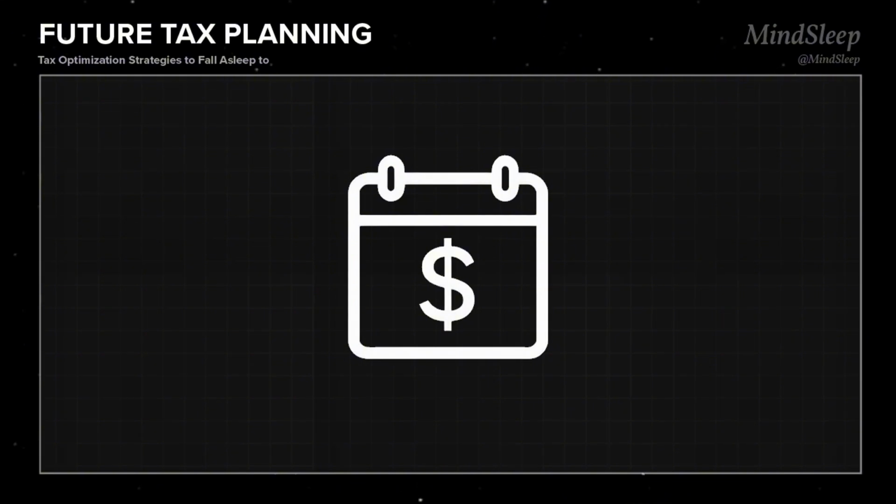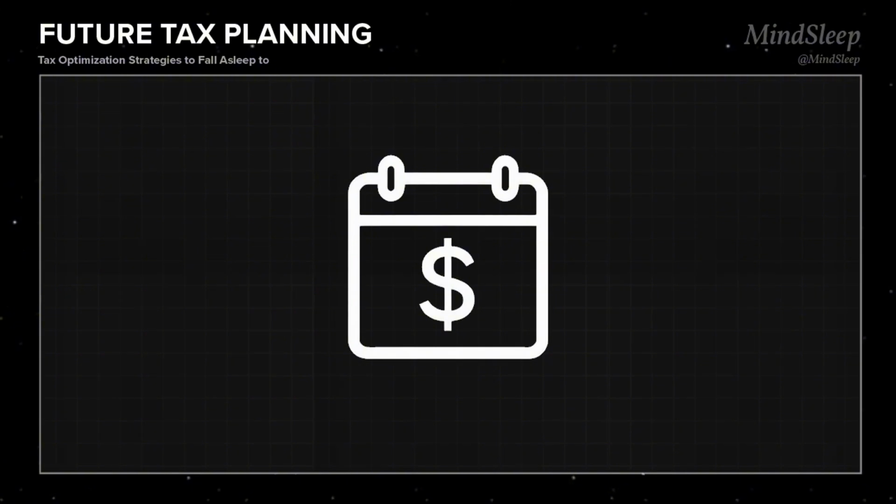Scenario planning, on the other hand, is the process of envisioning multiple possible futures and preparing for each. Finally, adaptive strategy development focuses on creating flexible plans that can pivot as circumstances change.